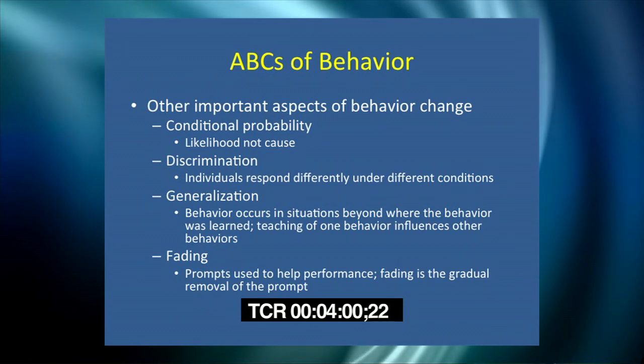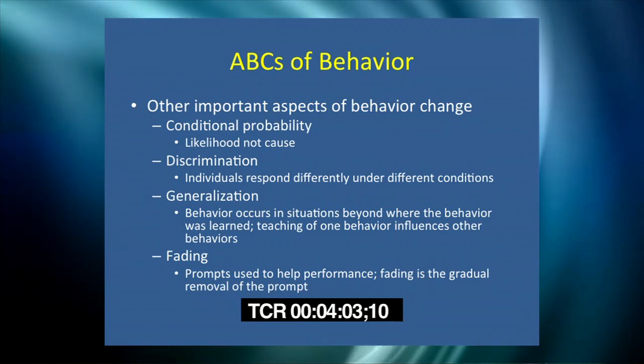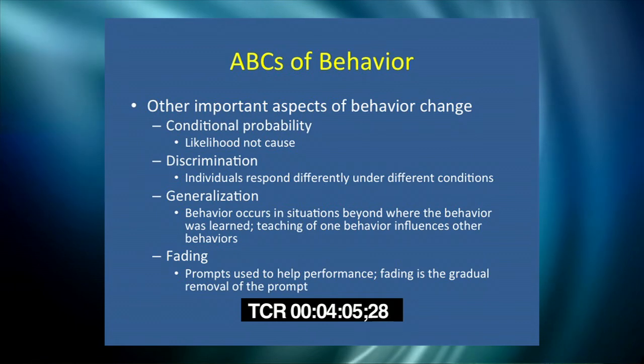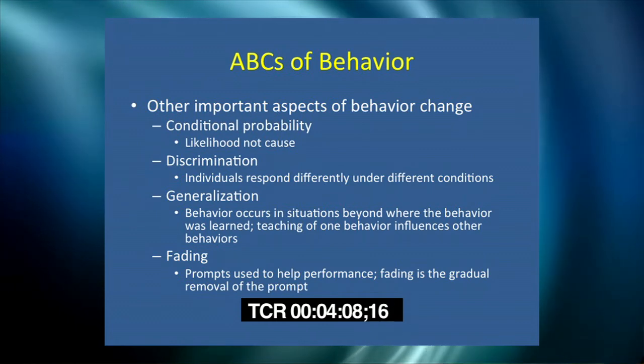In some ways, the opposite of discrimination is generalization. Often our desired outcome is that strategies or skills taught in one setting will generalize to other settings. Generalization is when behaviors that occur in one situation transfer to another situation, or teaching of one behavior may influence other behaviors. Conversationally, people most typically talk about generalization in terms of setting or environment, that a behavior learned in one setting will generalize to another setting.